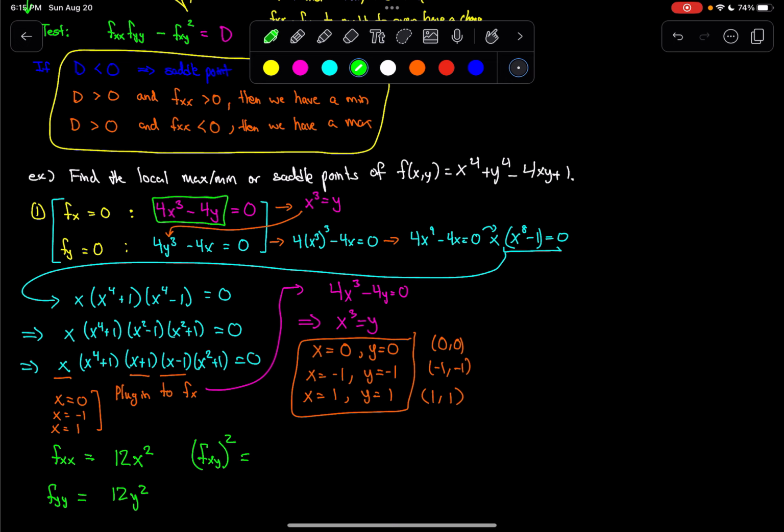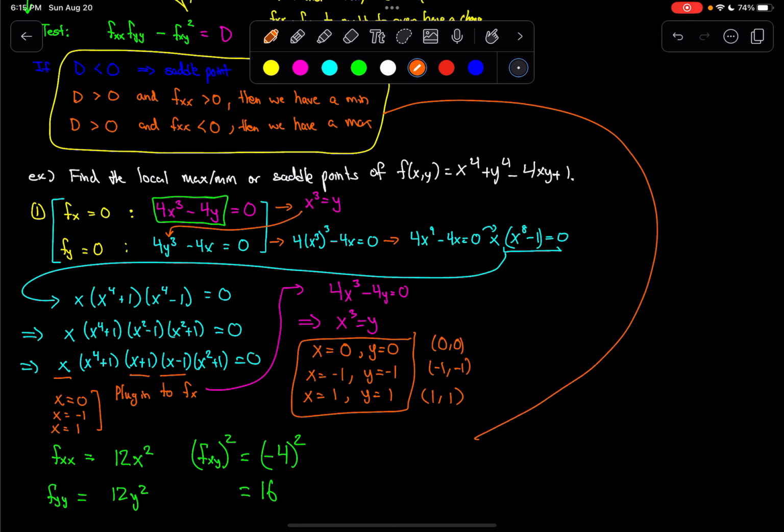We already did the derivative with respect to x. That was the 4x cubed minus 4y that I have circled in green up there. So if we take the derivative of that with respect to y, we're going to get just -4 squared, which is 16.